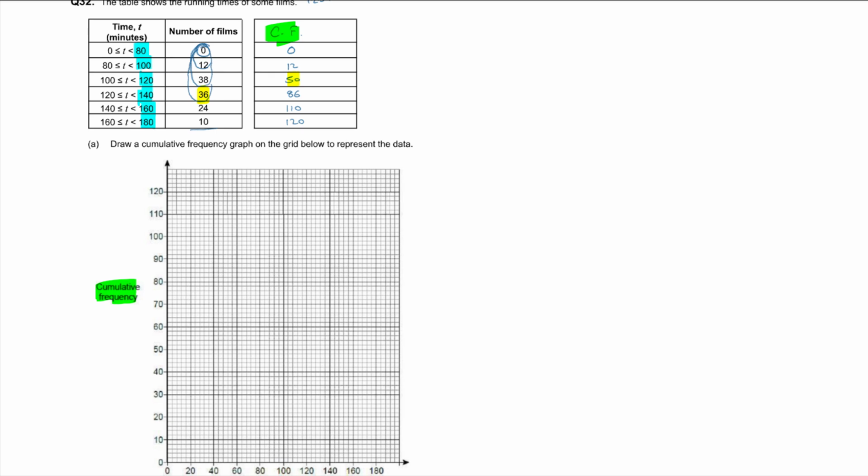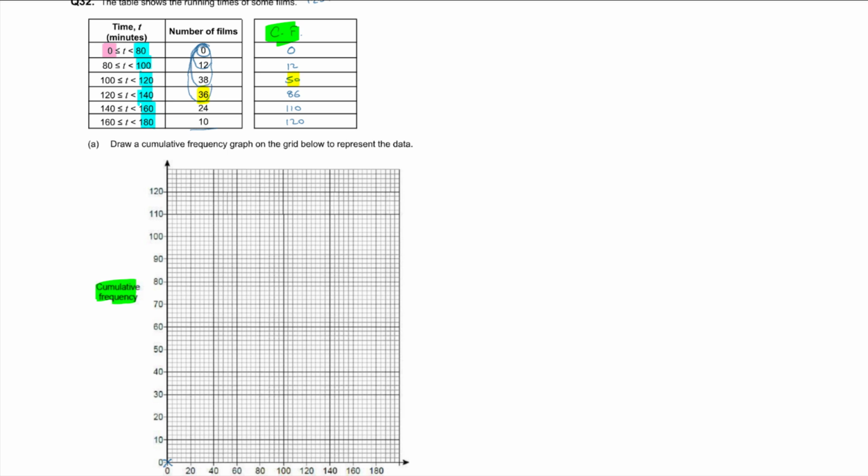Not the median, not the low one, but the upper class bound. Plus you've got this extra bonus point that you can plot at the lower bound of the first group on your cumulative frequency table. So I'm going to plot a point at 0, 0 as a bonus point. There's that one there.